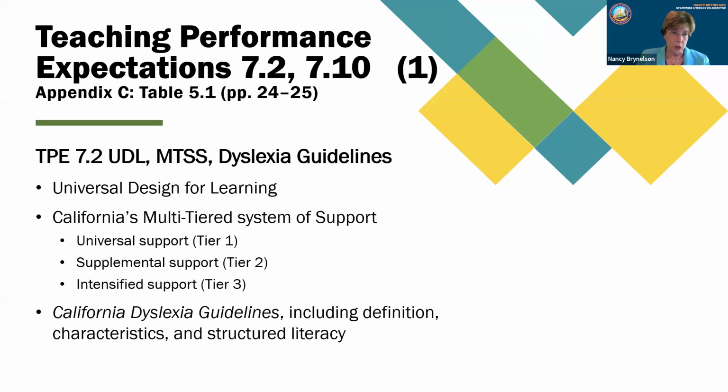And so the language that we're seeing more, and what's reflected in Standard 7 to, in large part, is universal support, or what I often refer to as first best instruction, supplemental support for students who, through their first instruction, are still needing some additional support, additional either time or instruction, or time with instruction and practice in order to progress.